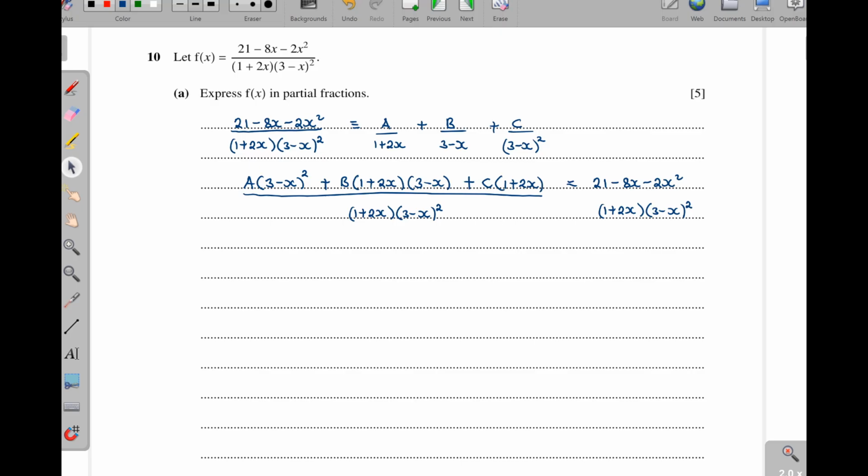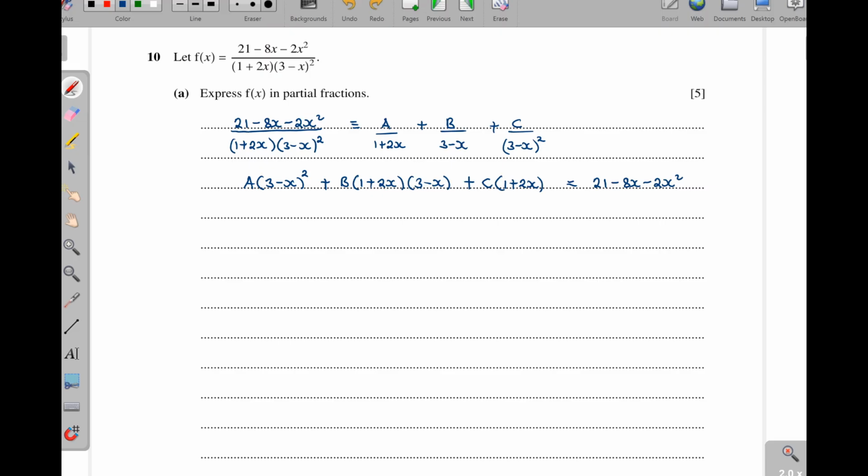So this is our fraction we have this way, which is equal to that. Now they have the same common denominator, so this and this will go. Do you see that the numerator here will be equal to that? So that's why after doing whatever we have done here, then we equate to the numerator.